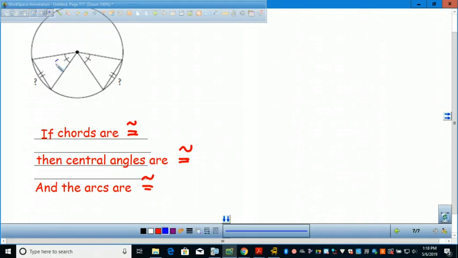So if this is 50 and 50, then these will be 50 and 50 also. This could be like 6 centimeters for that chord and 6 centimeters for that chord. But basically, it's a perfect match. The angles match, the chords match, the arcs match, if you see those symbols.